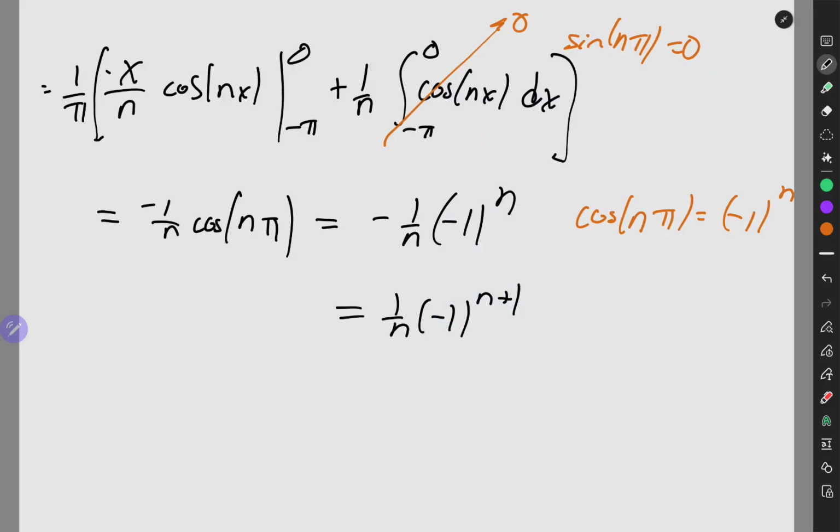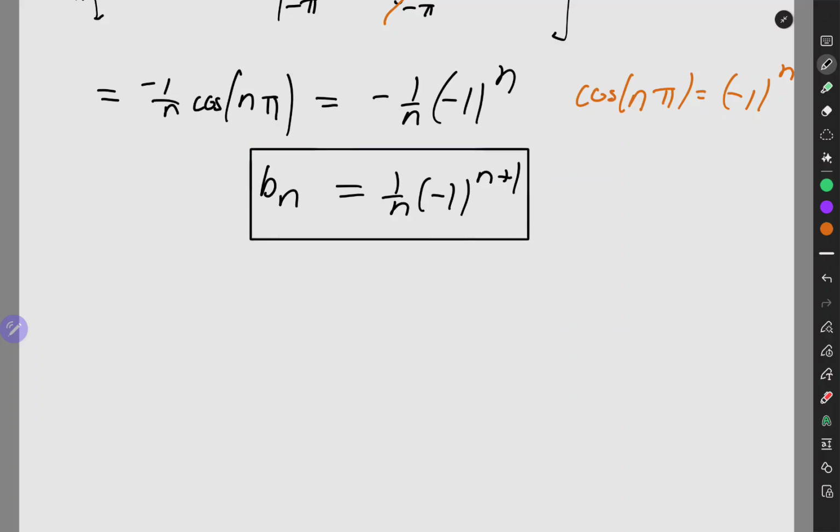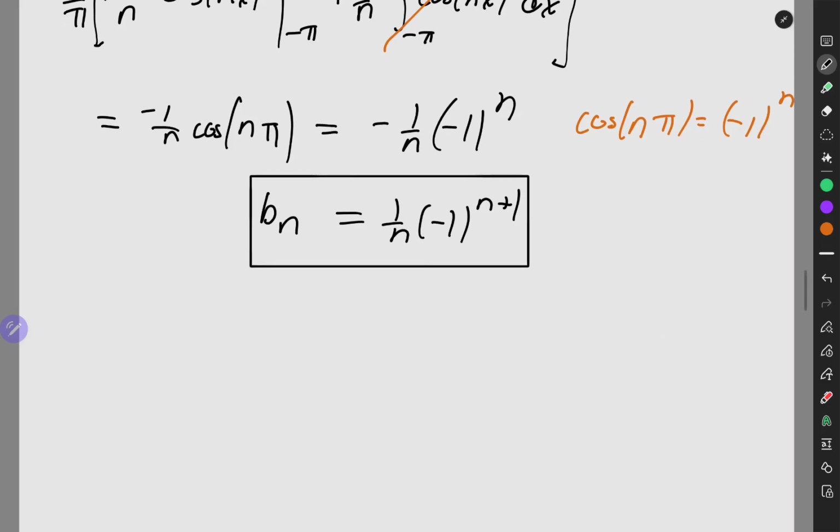So we get rid of that negative sign. So this is, I believe, our final b sub n. Okay. So now all that's left, remember, if you want to figure out where that came from, go back to my simplification video I did.